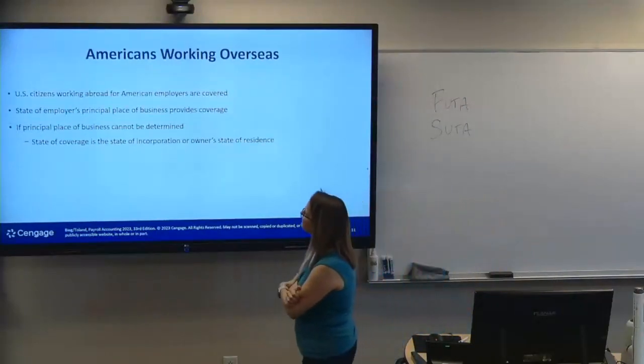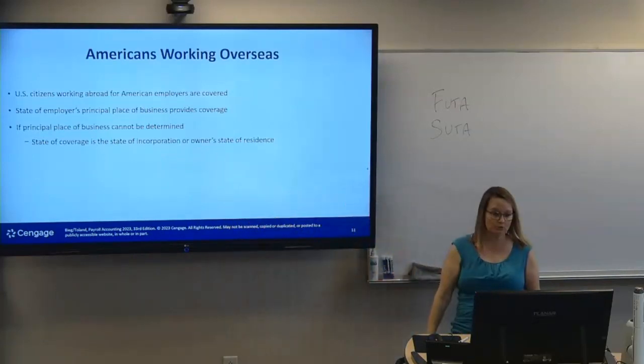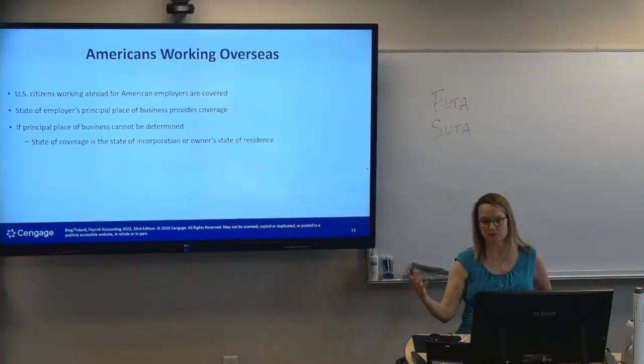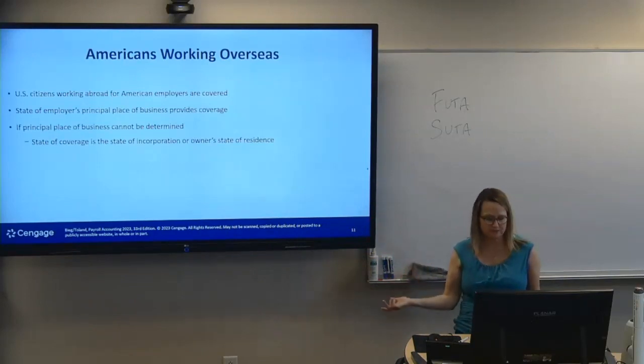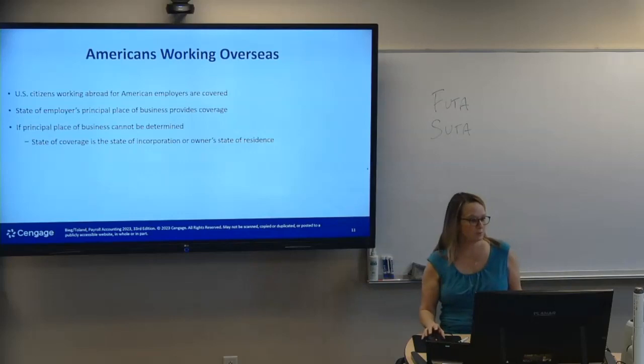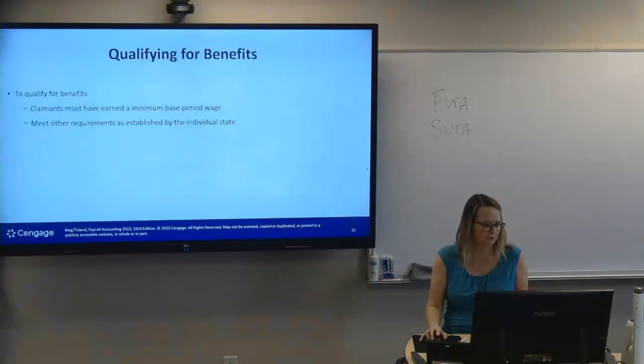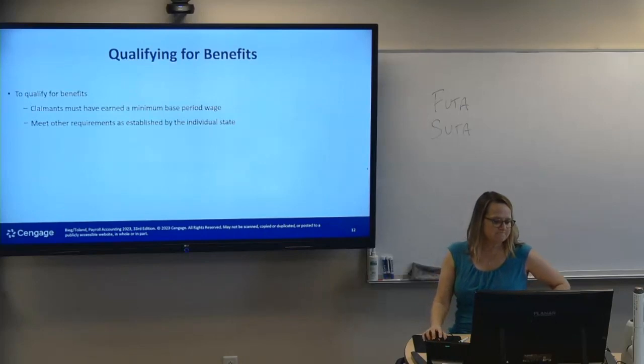If it can't be determined, it's the state of incorporation or the owner's state of residence. Well, if you've got a publicly traded corporation, you've got a bunch of owners. So wherever it's incorporated. For many of them, it would be Delaware, because that's where they all seem to be incorporated.